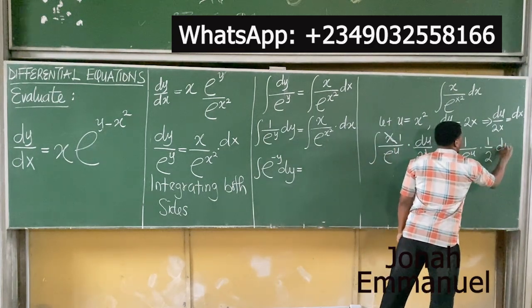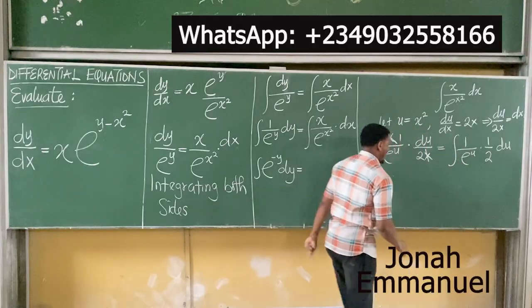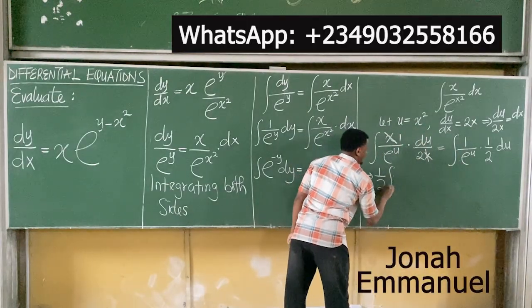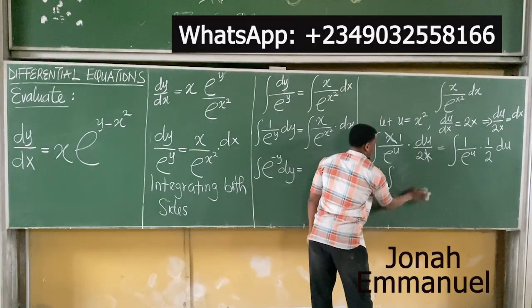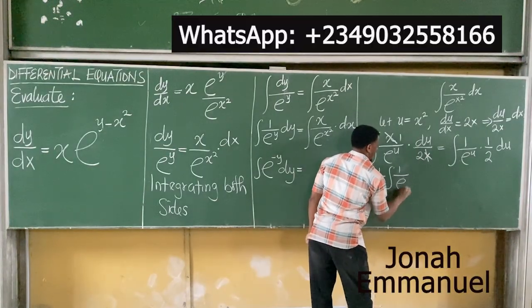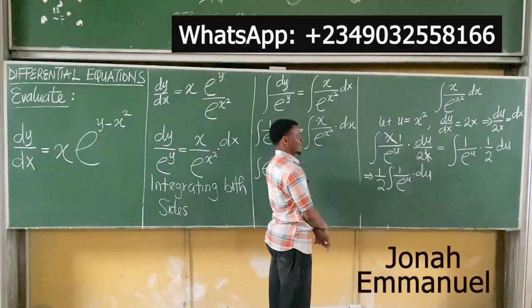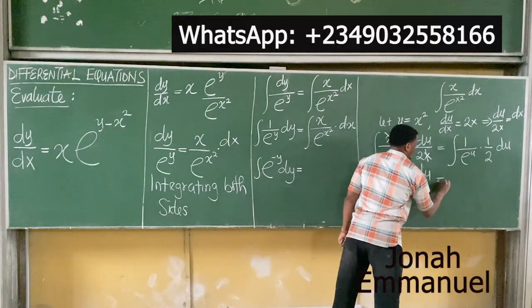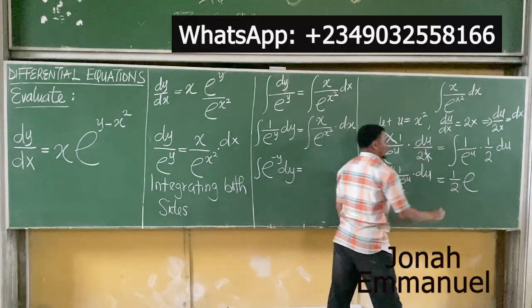Move this outside, and that will give you 1 over 2 times the integral of 1 all over exponential u du. How do you integrate this? What do you do here? Exponential, in the index form, we have what there?